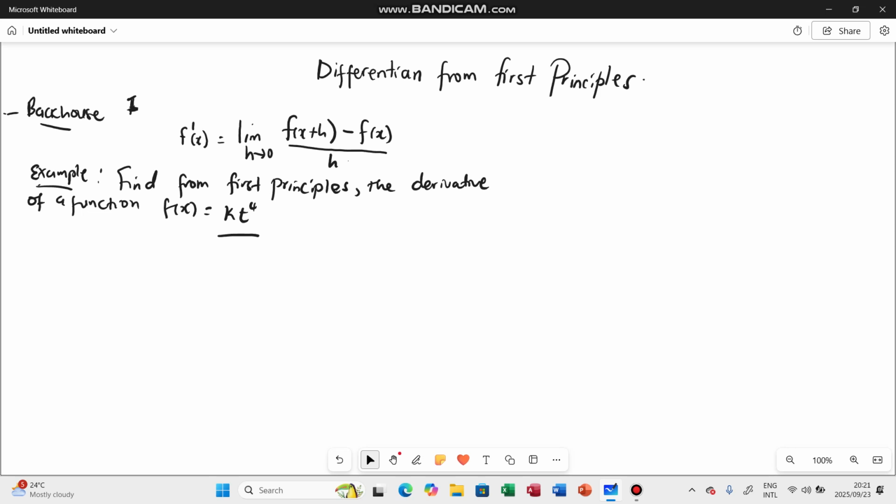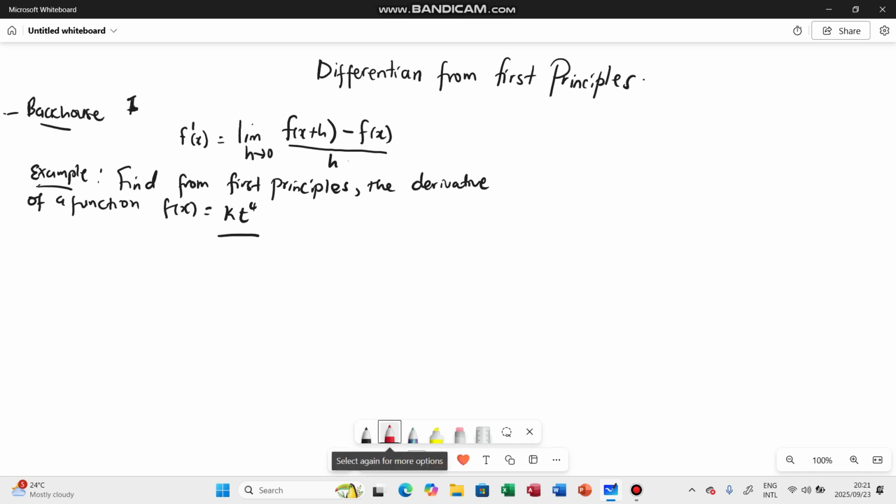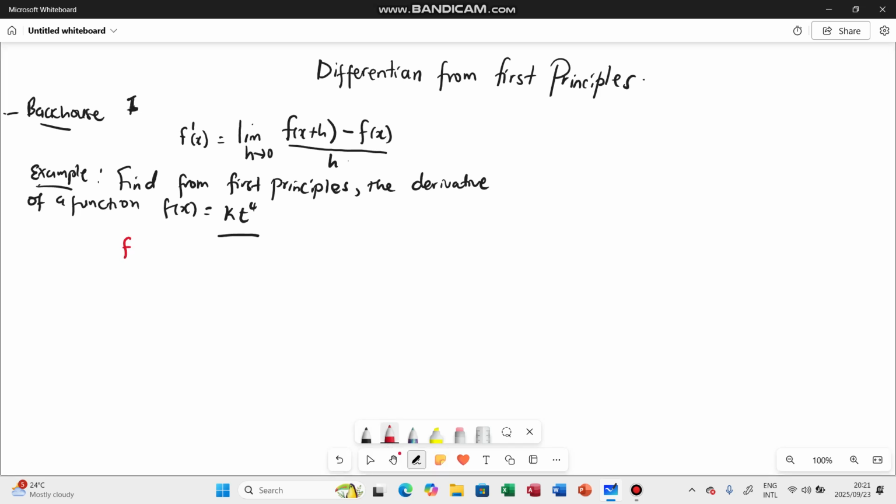In this matter, where there is x, we can simply put our t, because the question is having t, meaning that it will be f prime of t is equal to the limit as h tends to 0 of f of t plus h minus f of t, divided by h.